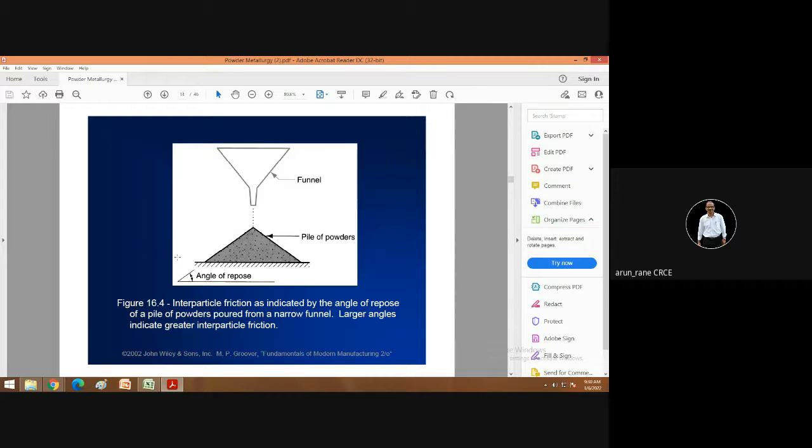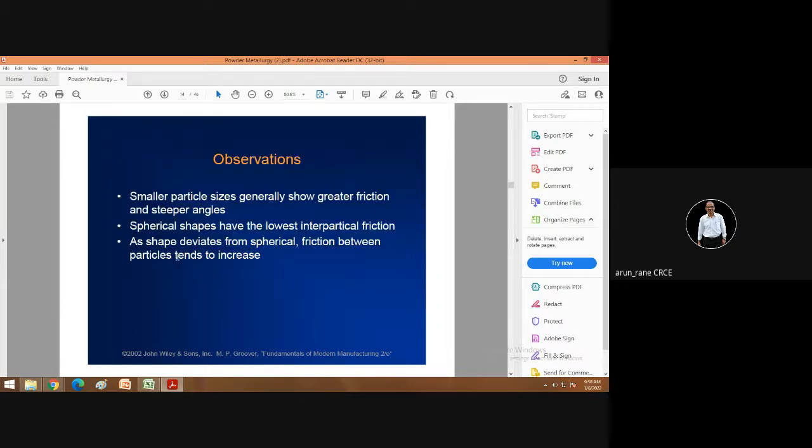Interparticle friction is indicated by an angle, and that angle is called the angle of repose. So if the angle is large, then it indicates higher friction between the particles.